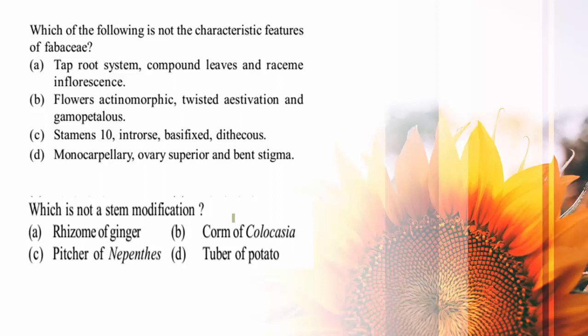Aestivation is vexillary aestivation. So, the character which is not showing the features of Fabaceae is option B. This is not related to the family Fabaceae. Then coming to the next one.